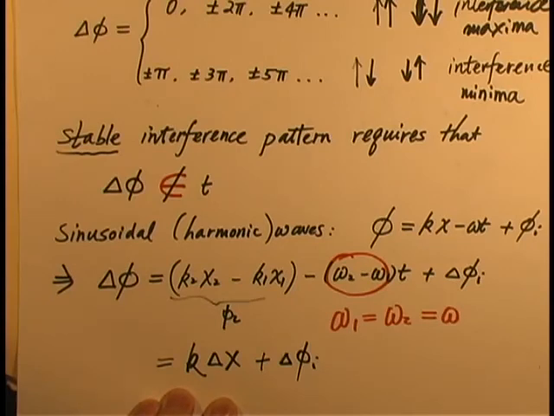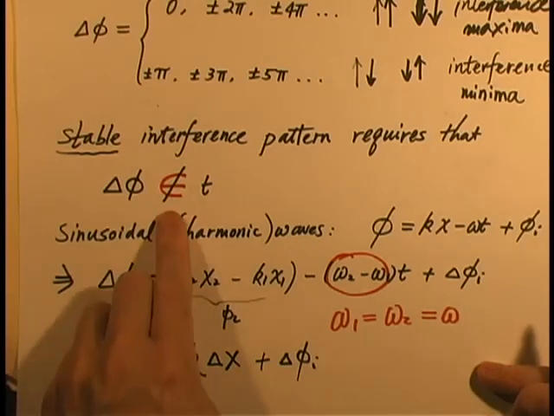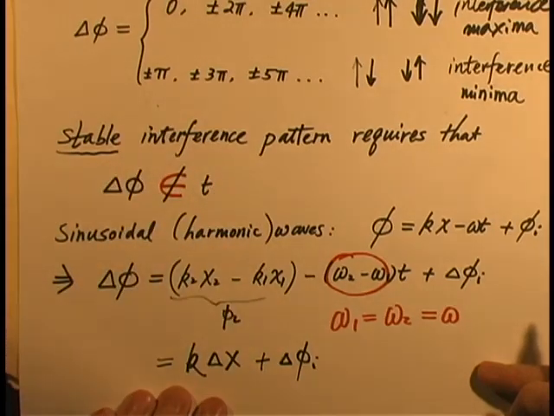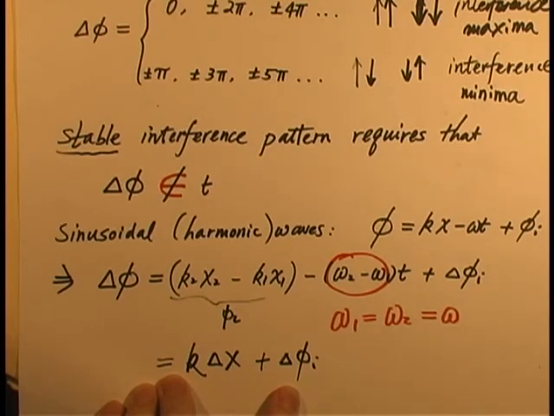For the two waves to be coherent, we want to make sure that this expression, which is delta phi, is not a function of time. That's how you have a stable interference pattern. It is clear that this first term has nothing to do with time. It's k delta x. What about the second term, phi initial? Well, it is possible in some situations that the initial phase could be a random variable.